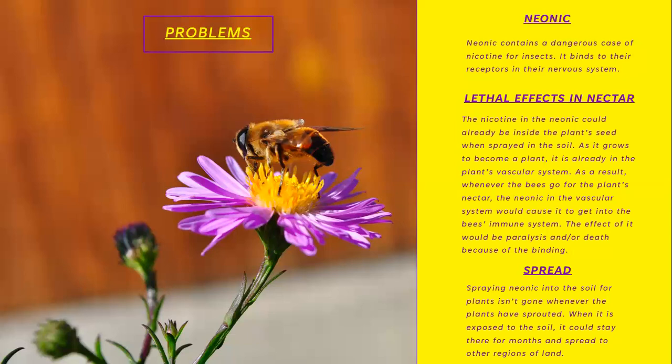It's going to stay there for months, basically. And it's going to spread to other regions of the land. So whenever you plant other things, since it's already in the soil for months, it's going to be in the system of other plants and crops.